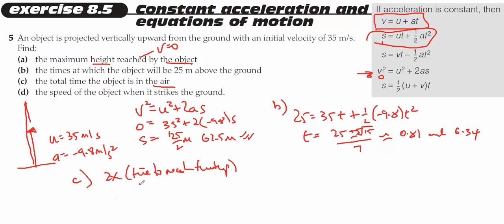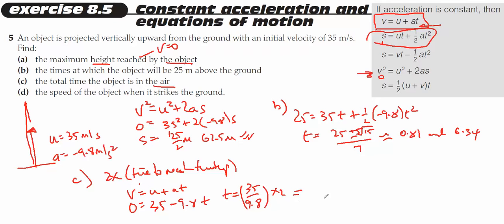Therefore, I can find out the time it reaches the top using this rule, v equals u plus at: 0 equals 35 minus 9.8t, t equals 35 divided by 9.8, and if I times that by 2, that gives me a total time of 50 on 7, or 7.14 seconds.